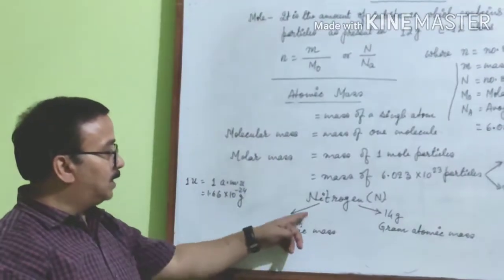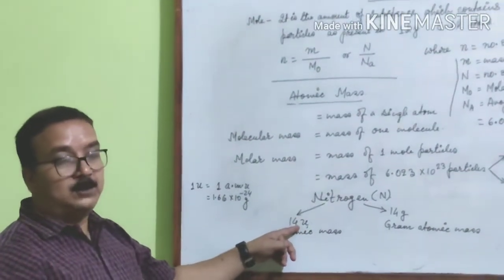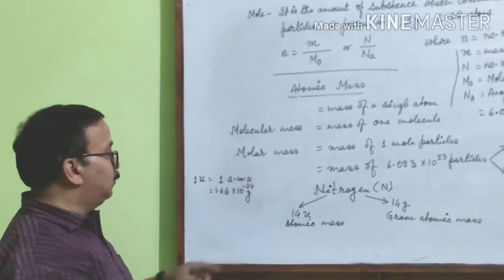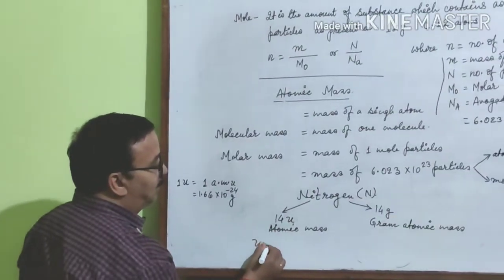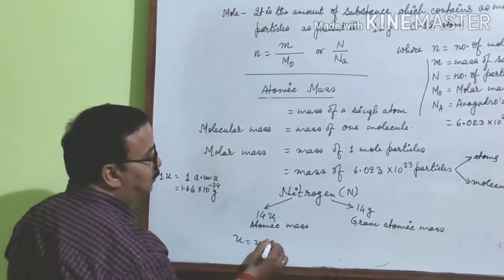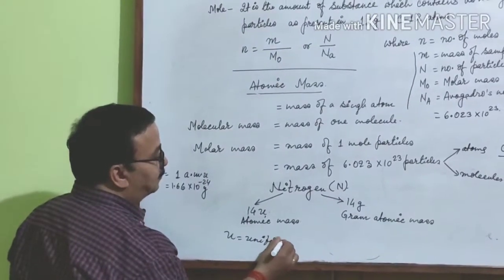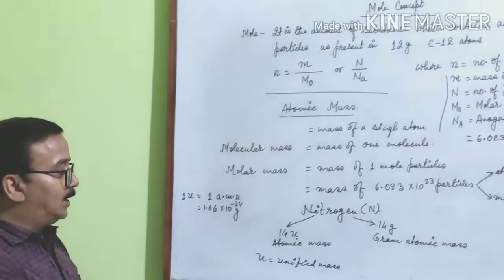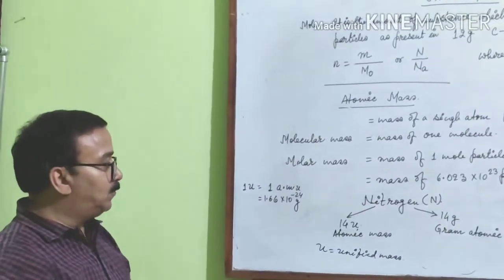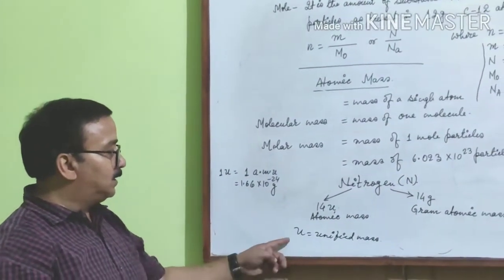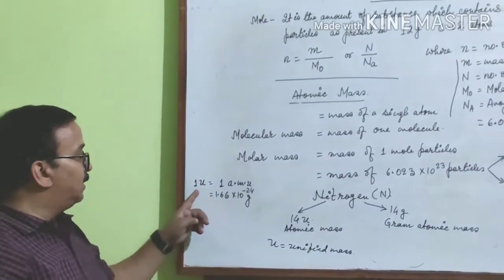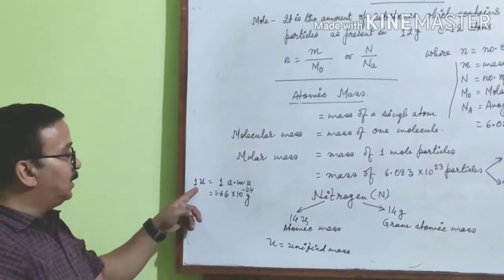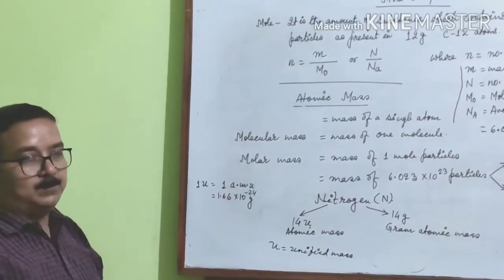What is U? U is the unified mass. So the atomic mass of nitrogen is 14 U, that is 14 unified mass. And remember here that 1 U is equal to 1 amu.